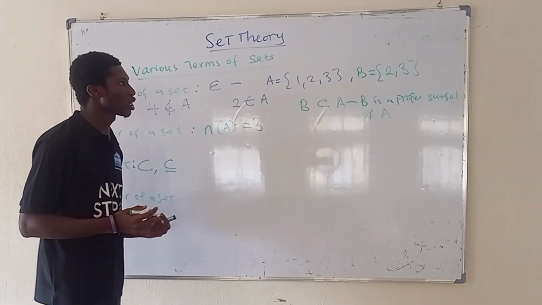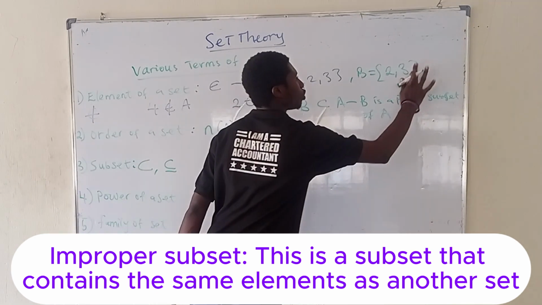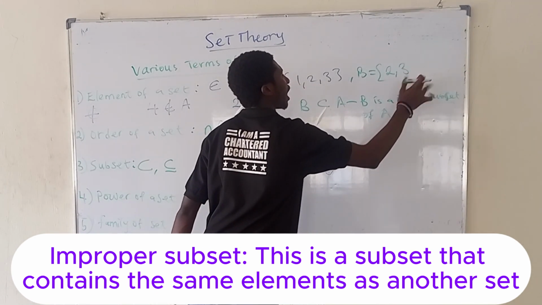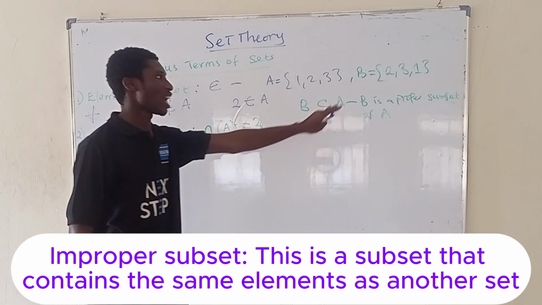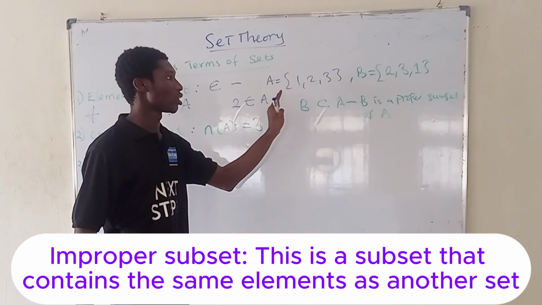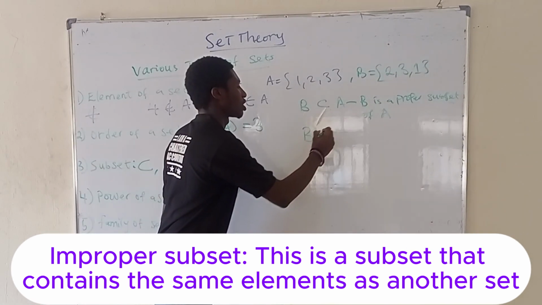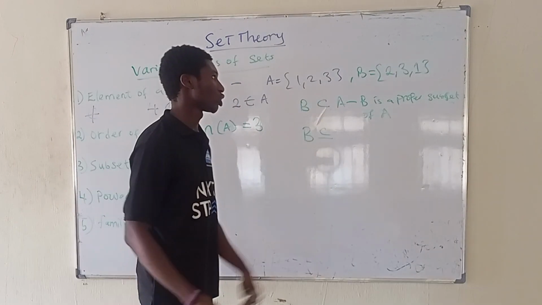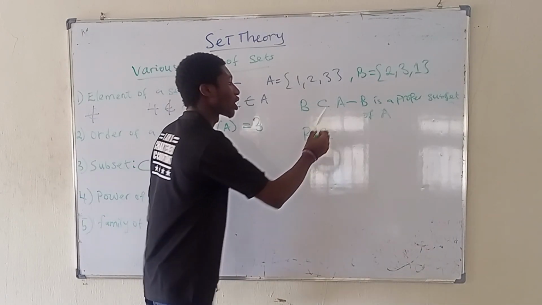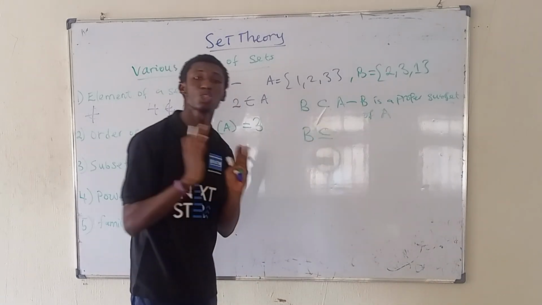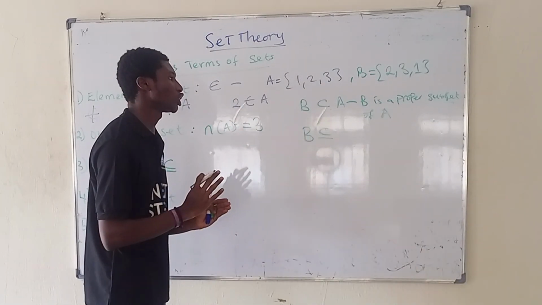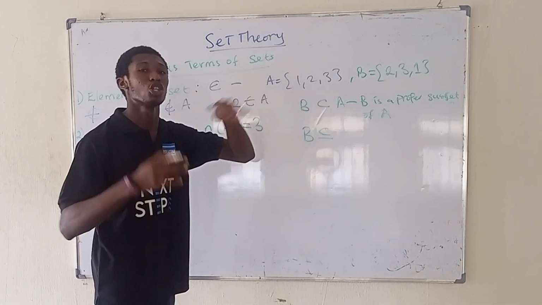Now an improper subset will look like this. Let's assume we have 1, 2, 3 here. Notwithstanding that they are written in different boxes, B is an improper subset, or you can say B is a subset. These two signs are called subset, but if you want to differentiate them, call this one improper subset.